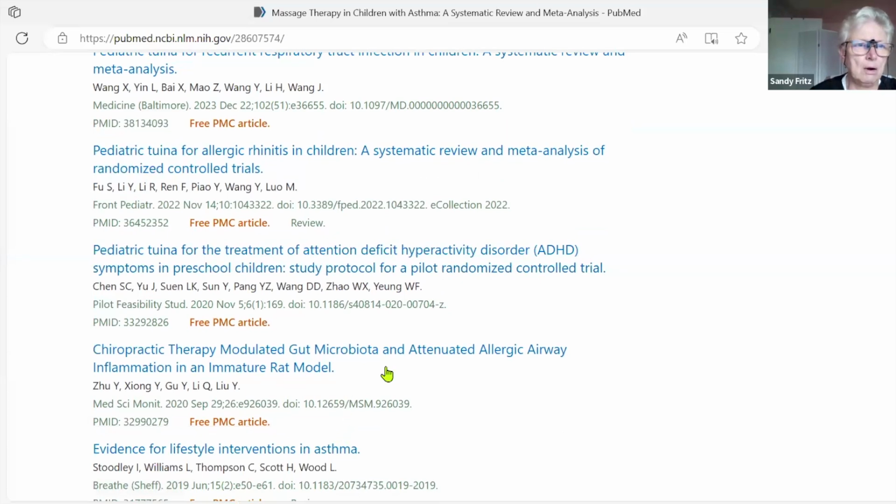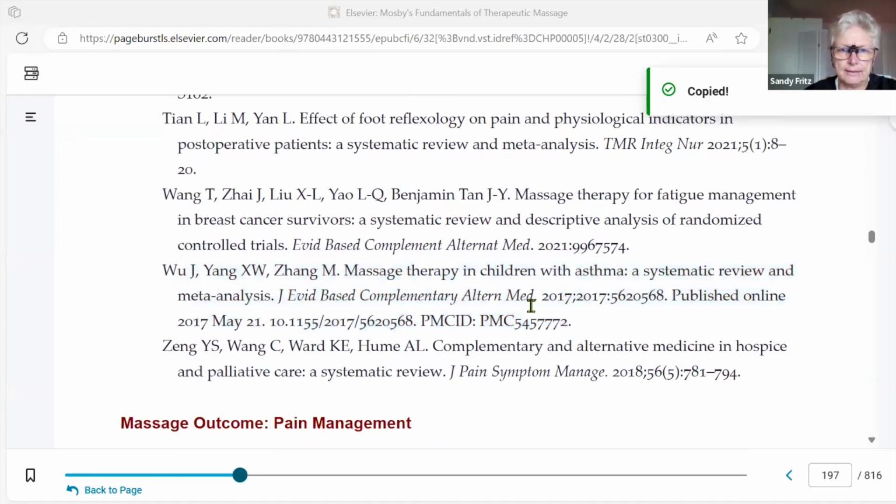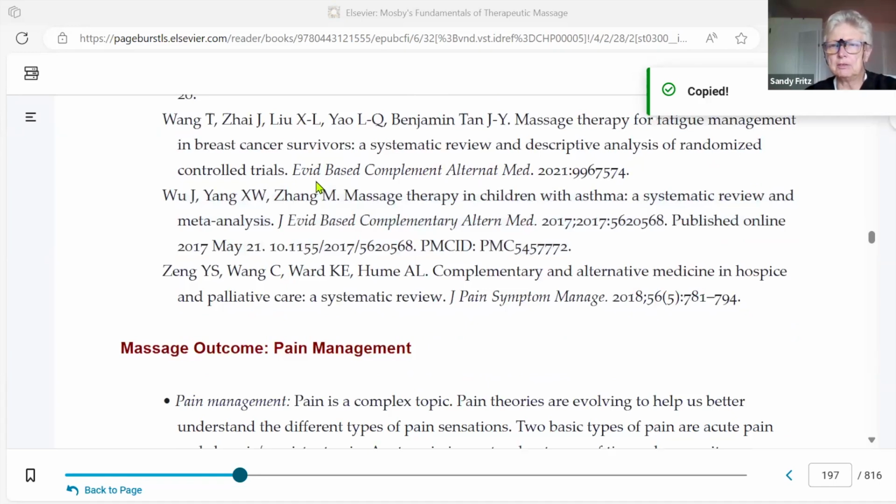So, all right. Okay, so here we are. That's the study that I copied and pasted out. But it's really easy to double check and confirm and see if there are more recent studies.